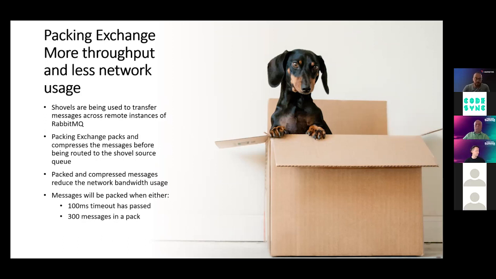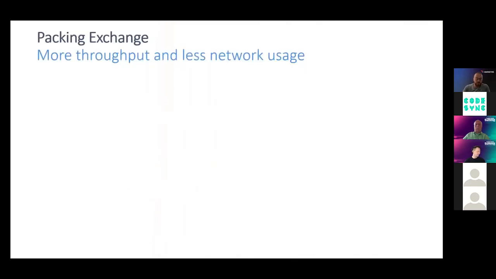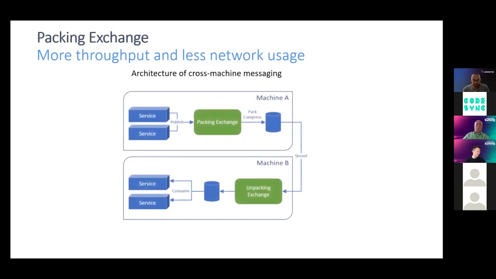We could use the same network bandwidth of 1 megabyte per second, but because we compressed 10 times, we could use only 10% of the network. So that was a very important achievement. And again, it's very simple. We just built a Packing Exchange, and that looks like this.